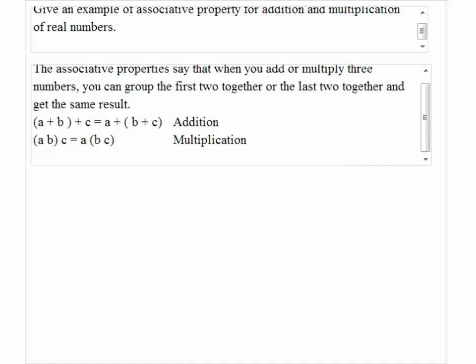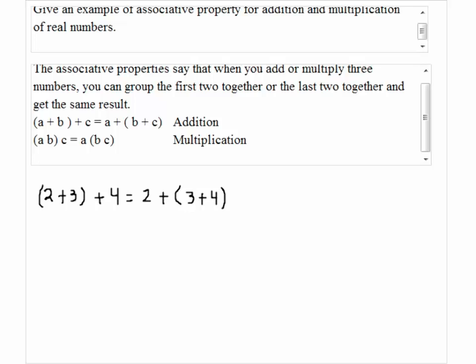Example would be if I have 2 plus 3 plus 4, that would be the same as adding 3 plus 4 first and then adding the result to 2. And you would get the same exact results.